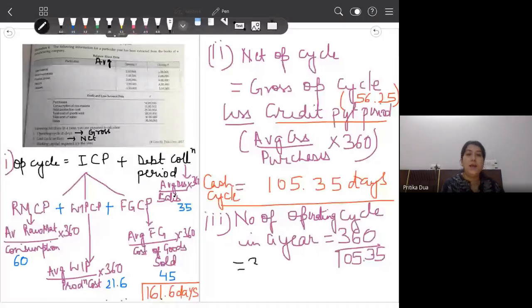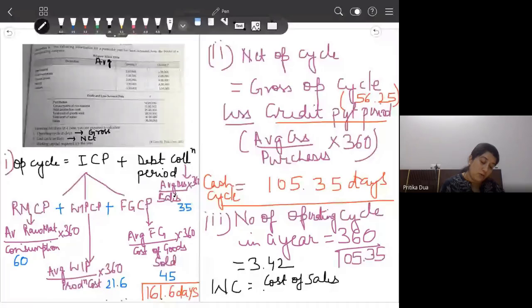So they are coming to 3.42. So this will help you to calculate the working capital requirement. This is one of the methods of calculating the working capital requirement. So working capital requirement will be cost of sales divided by the number of operating cycles, which in your case is 3.42.